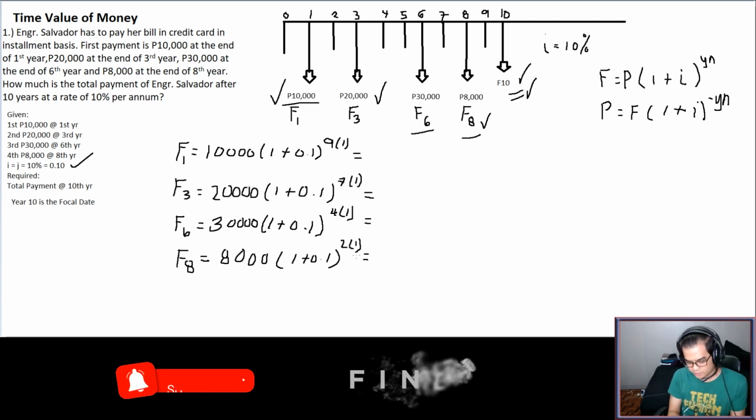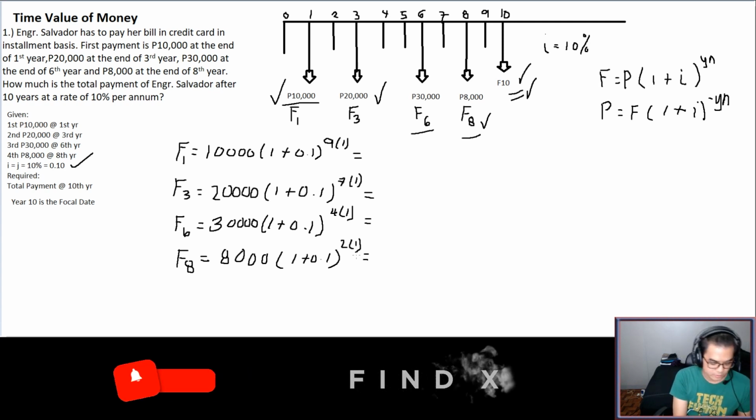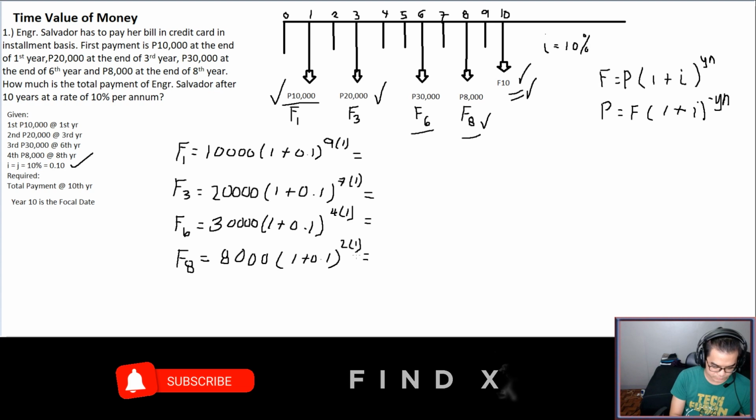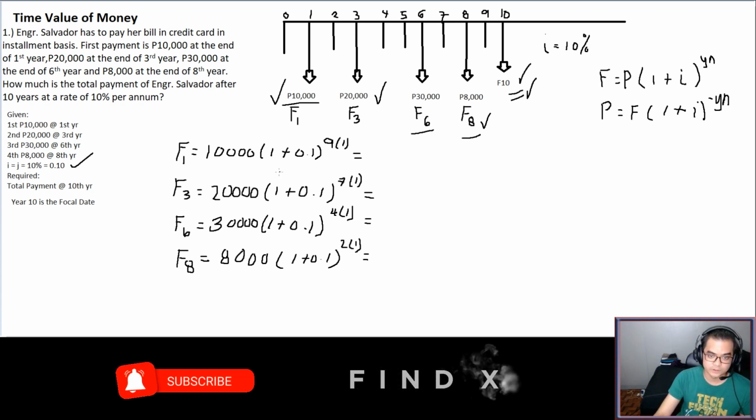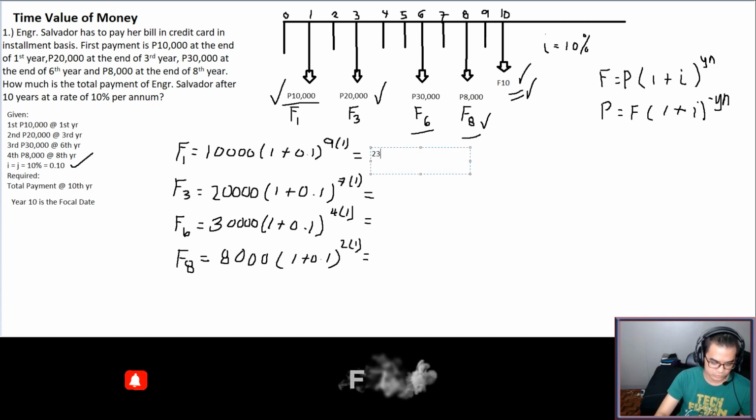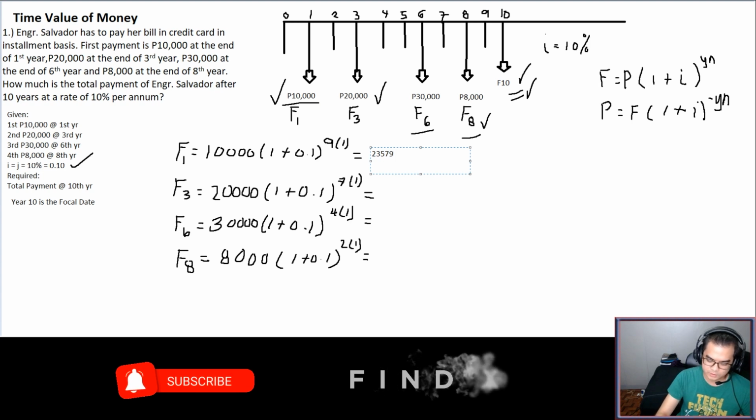I'll also try it on my calculator. The first one is we have 10,000 times 1.1 raised to 9. We have here 23,579.469.